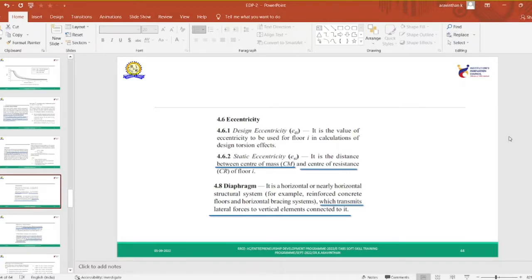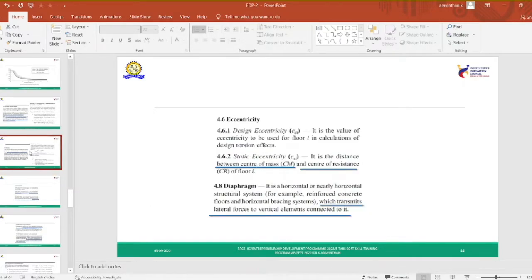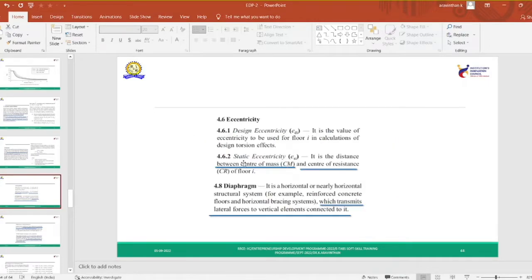During the next session, we will discuss in detail. Static eccentricity is the distance between the center of mass and the center of resistance of the floor. You can calculate it by either of these methods. So this is the design eccentricity, and e_si can be found out using this technique.